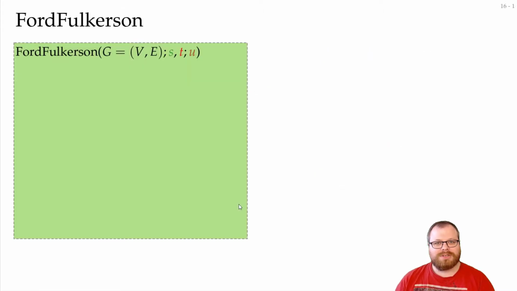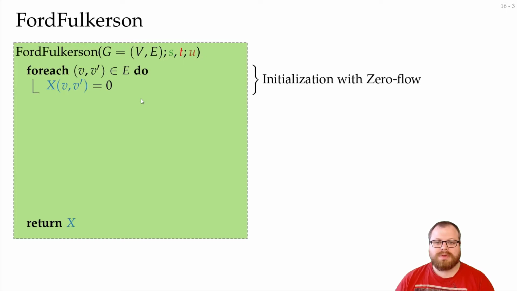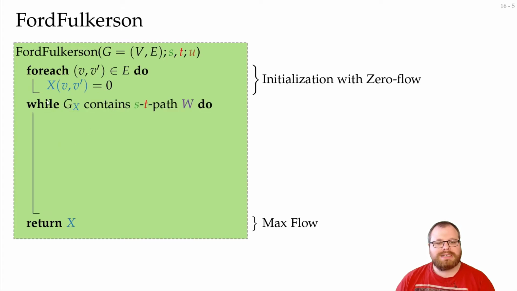One algorithm I want to show you is the Ford-Fulkerson algorithm. That takes as input exactly our flow network, and what it does is it starts with a 0 flow at every edge, and then at every step it creates the residual network and finds some ST path in it.